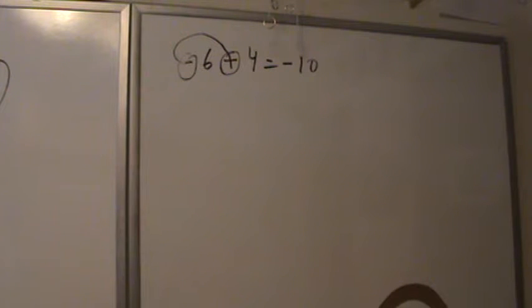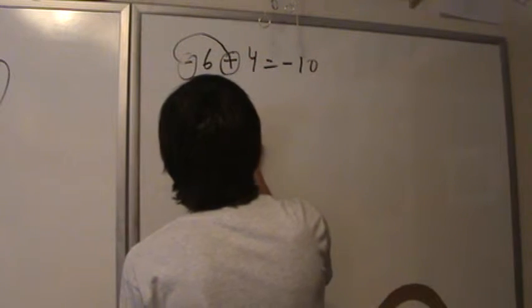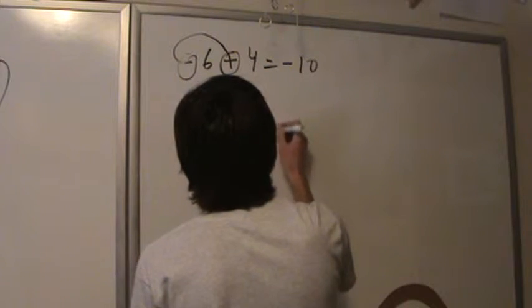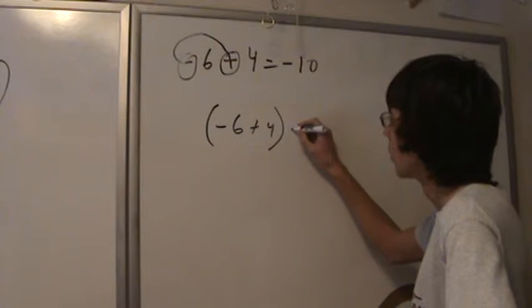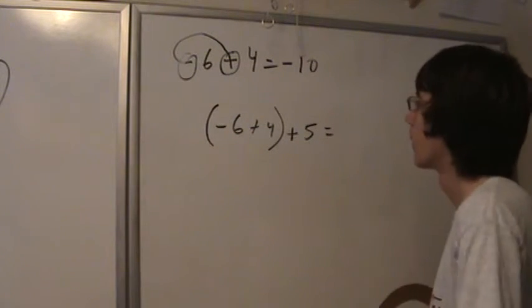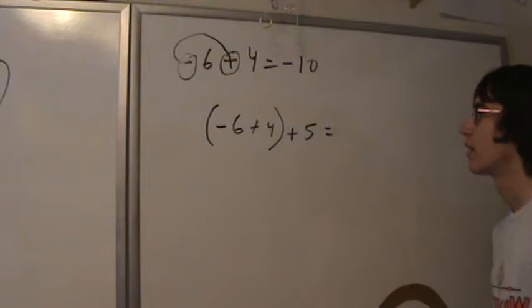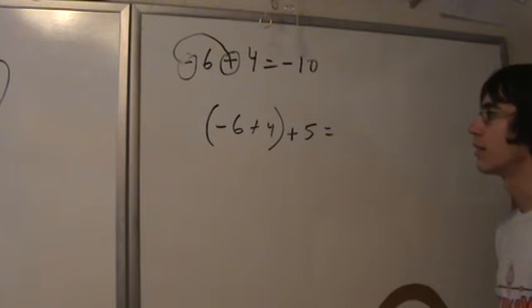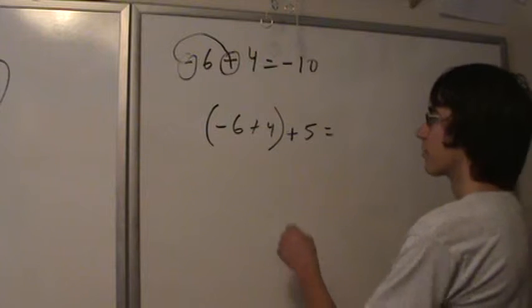Alright. Now they're going to give you something that's kind of mean. They're going to give you negative 6 plus 4, in parentheses, plus 5. Now, anytime you see parentheses, you will do whatever is inside it first, within reason.